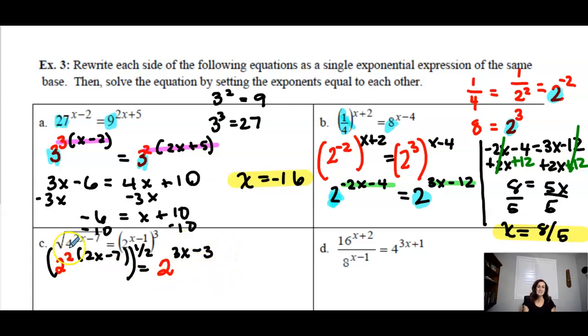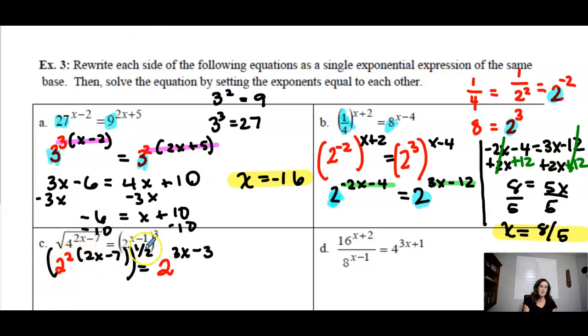So let's distribute the 2 here, and then let's cut everything in half. Or you could take the 1/2 and multiply it to the 2, which gives you just 1. And then that's going to give you 2x subtract 7. So 2 different ways to do it. I kind of like that way because it's quicker.